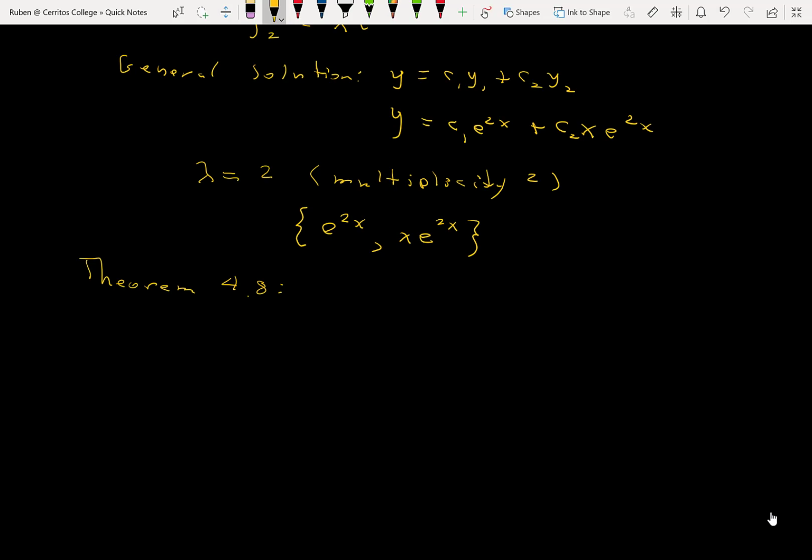Theorem 4.8 tells us how to do this, or suggests how we should do this in general.